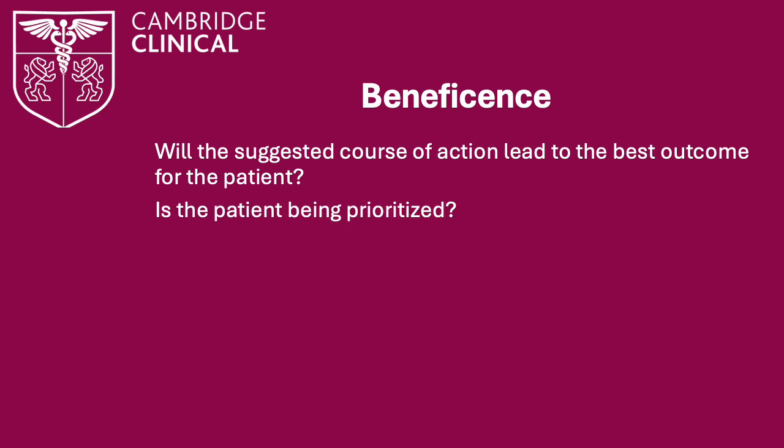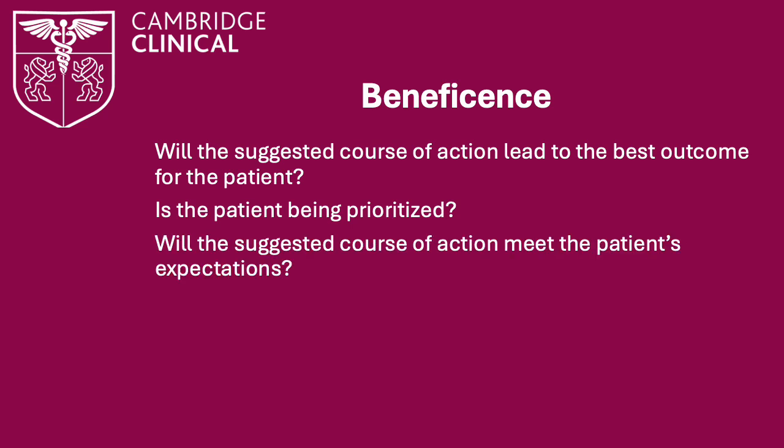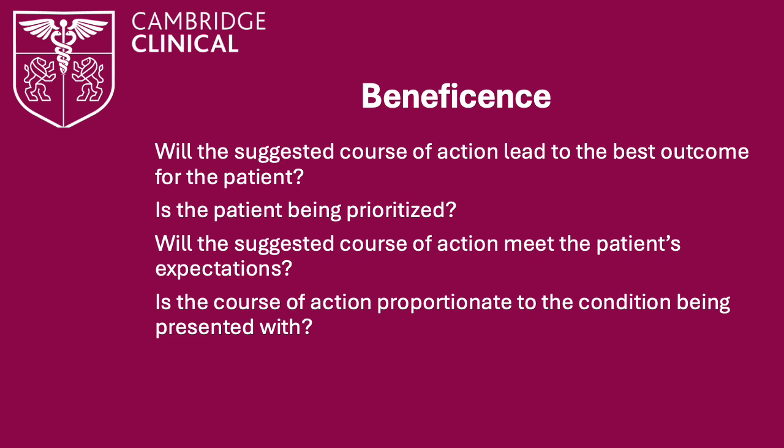Secondly, is the patient being prioritised? Third, will the suggested course of action meet the patient's expectations? This is once again going back to that idea of autonomy governing everything else. Finally, is the course of action proportionate to the condition being presented with? Are we over-treating or are we under-treating something?